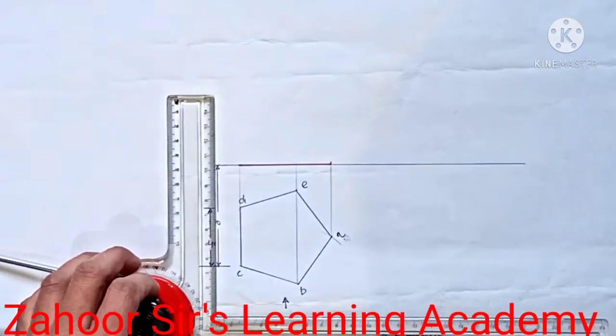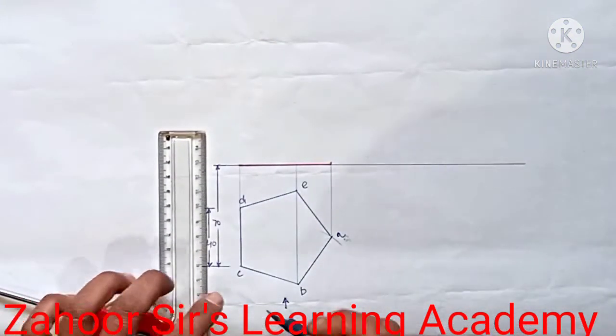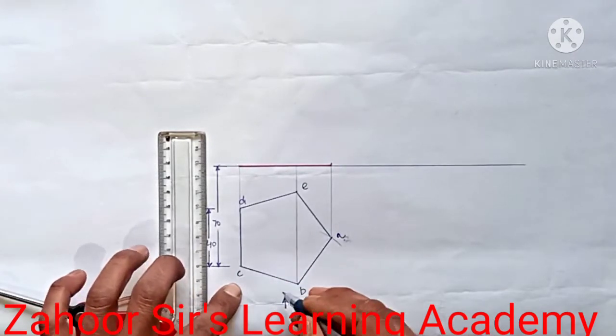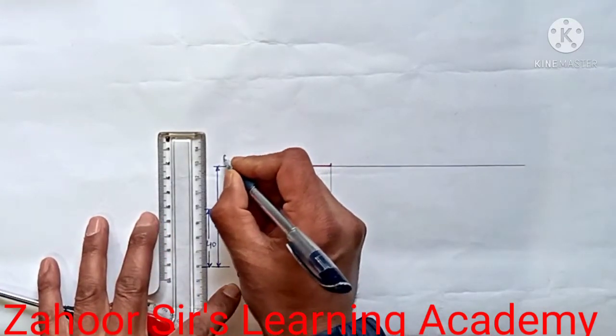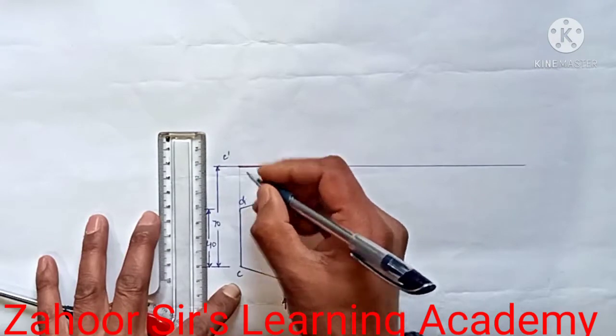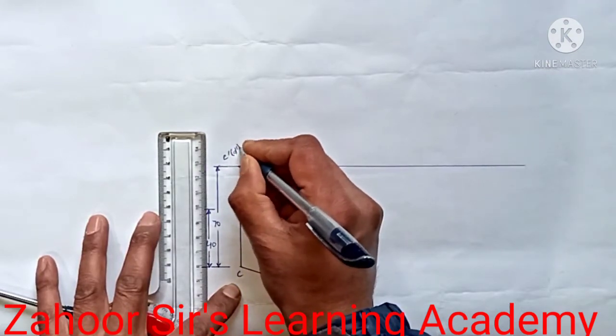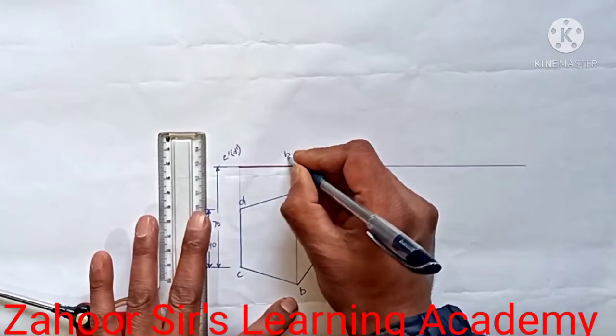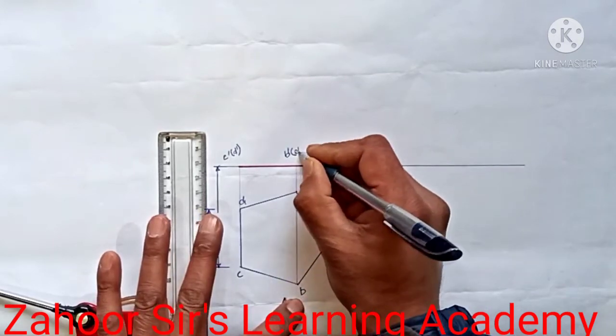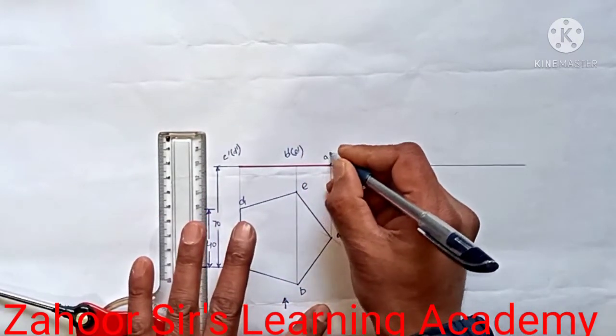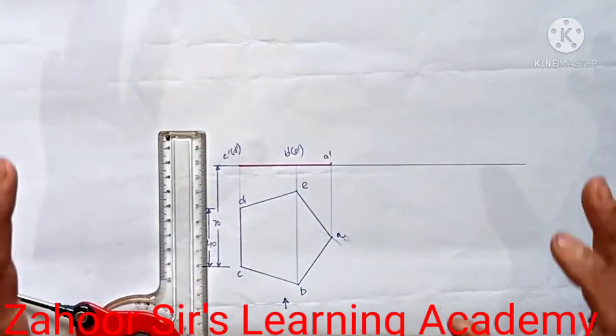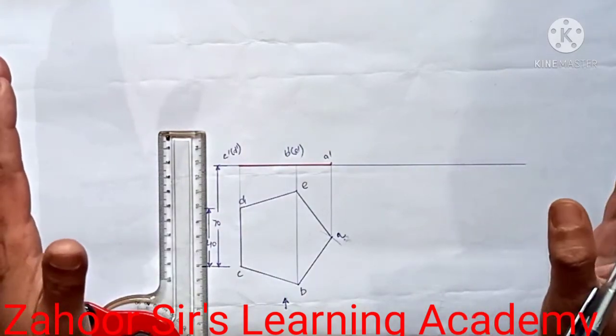Now I have to name these points. From here we see C prime, and behind it is D prime, which comes in brackets, then B prime, E prime, then A prime. This is the initial state.